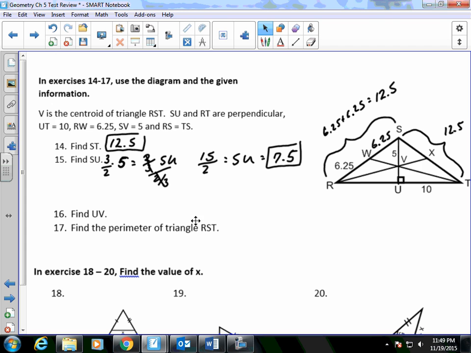Length of ST is 12.5. Now we want to find the length of just U to V, and UV should be 1/3 of the total length since S to V is 2/3. So UV equals 1/3 of the total of 7.5.